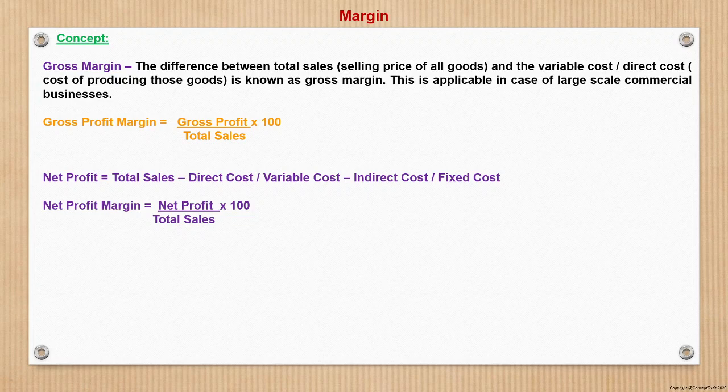That shows, as against my purchase of say 100 rupees, how much gain or loss I am making. That gives me a profit or loss percent. But especially where commercial businesses are involved and where balance sheets or income statements are prepared, margin is the term which is more relevant.